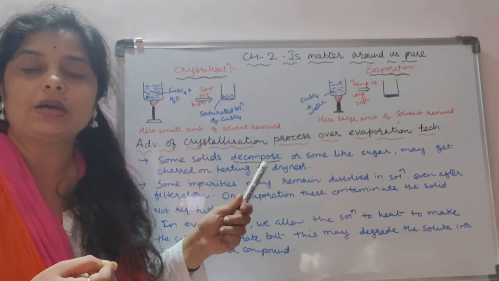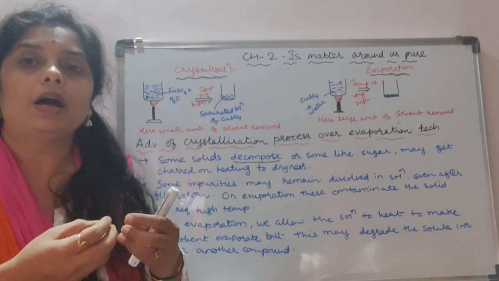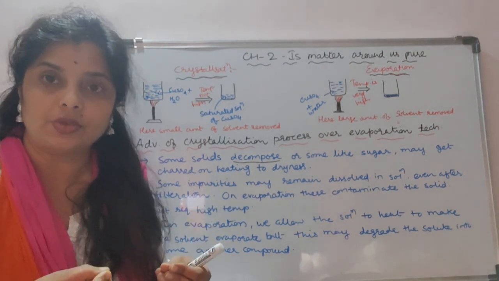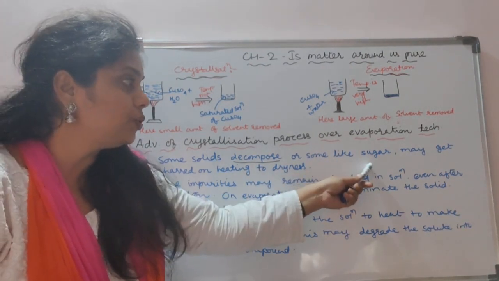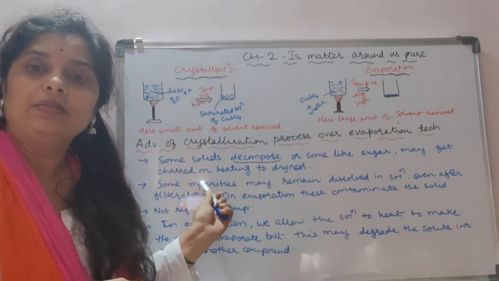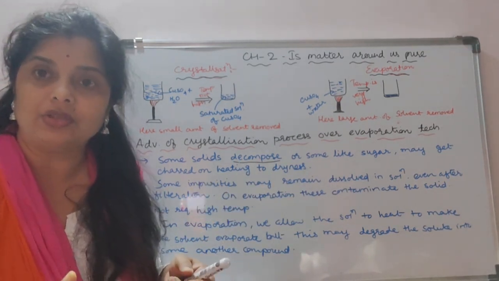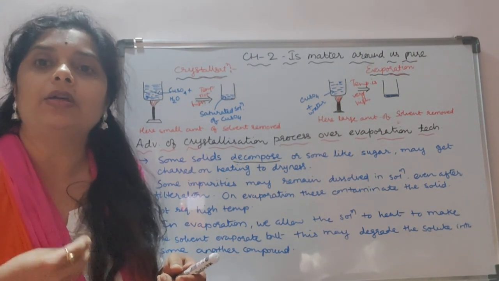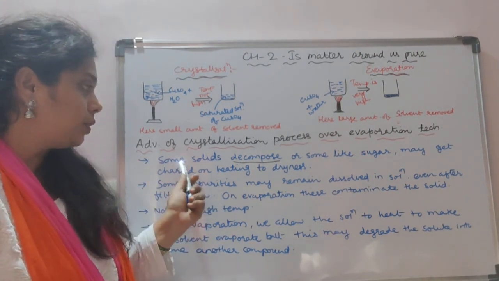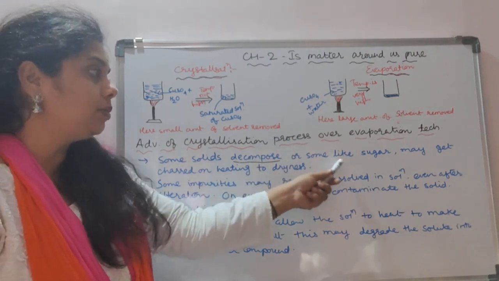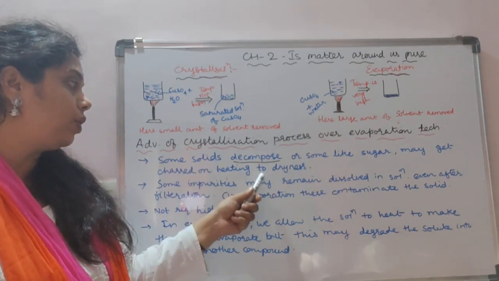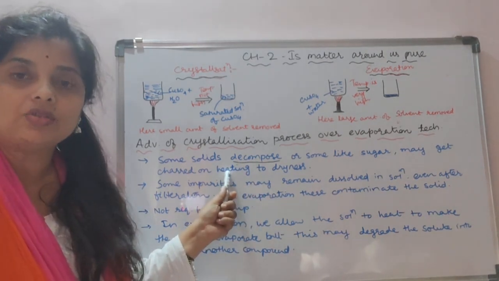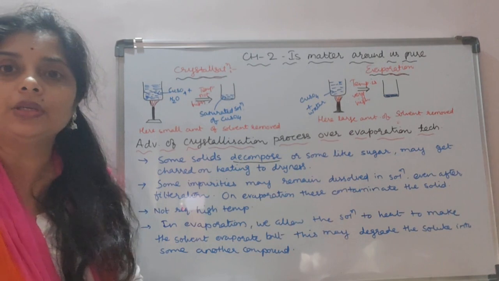Decomposition means the breaking of a substance into small constituents. Some, like sugar, may get charred. Get charred means get blackish. If we heat sugar too much, then it may turn brown or black. So this is the first disadvantage of the evaporation process.